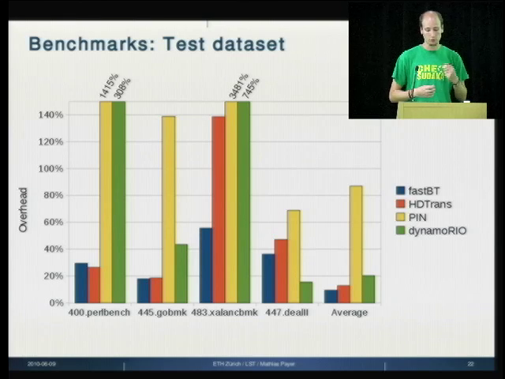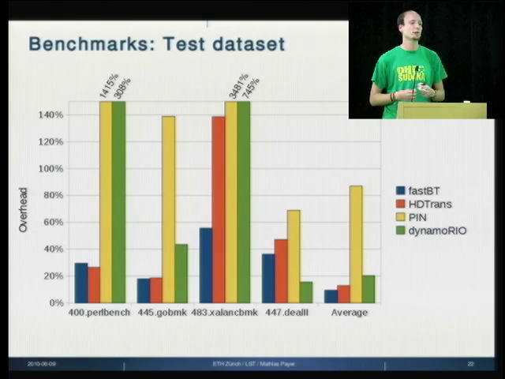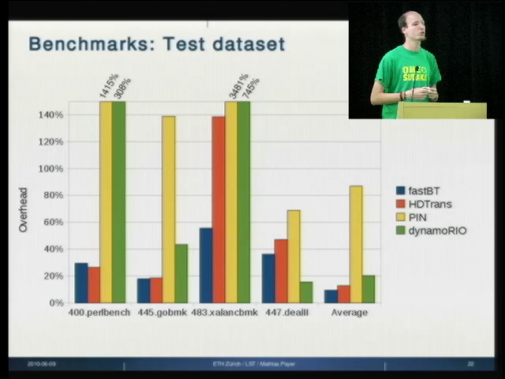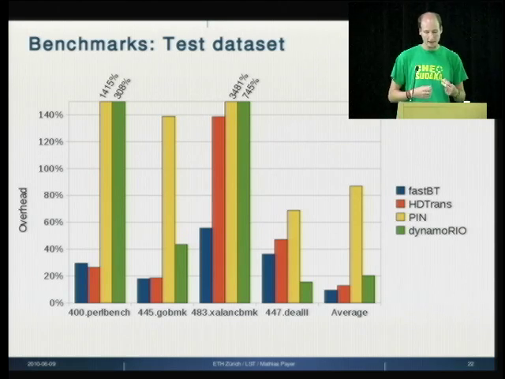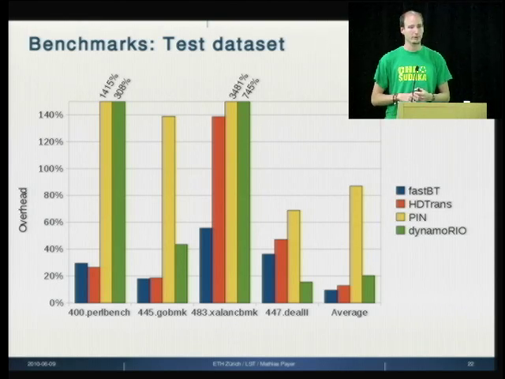We see that most IR-based approaches are never able to recover from the translation overhead they incur. So in the end, an IR-based approach is not able to keep the low overhead that it had for long-running programs. And a table-based approach will be able to outperform these IR-based approaches.